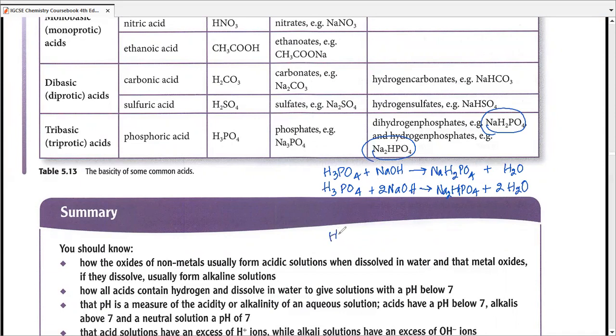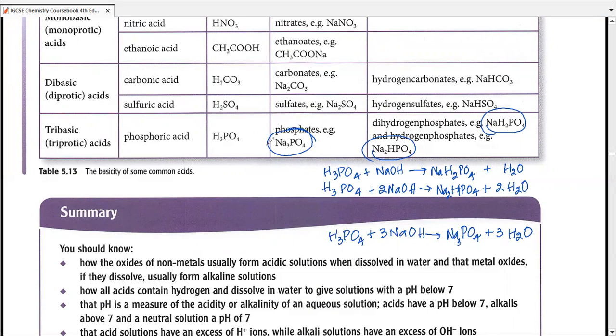Now, if H3PO4 reacts completely with NaOH, and that's going to be possible with 3 moles of sodium hydroxide, you are then going to replace all three hydrogen. Simply write PO4, replace them with 3 Na, Na3PO4, and you would receive 3 water molecules. That's the final reaction, and now the product is a normal salt.